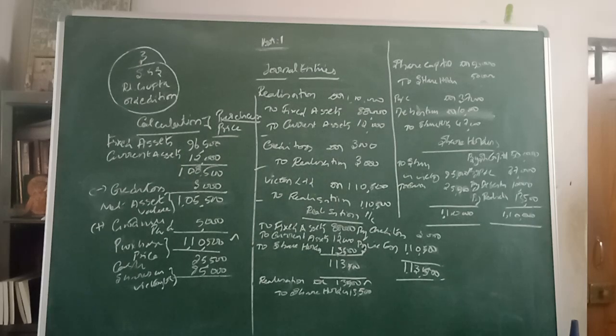It is supposed to be the profit. So what is the entry for profit? Realization account debit to shareholders account, being profit on realization. If it is a loss, then we take the opposite entry, shareholders account debit to realization. In this case we got only the profit, and accordingly we pass the entry, so the profit on realization is transferred to the shareholders account.